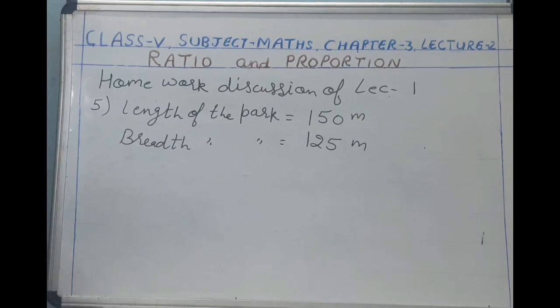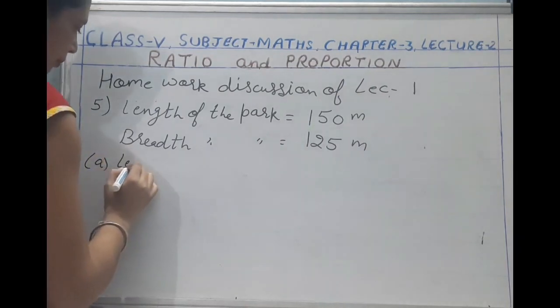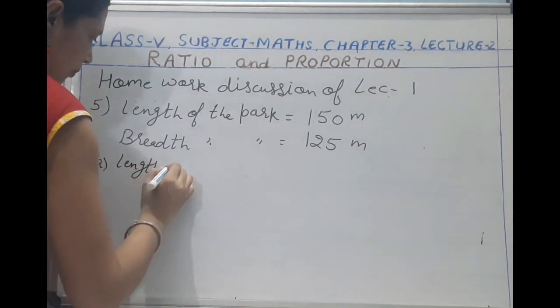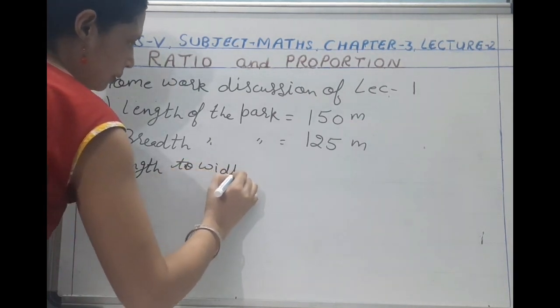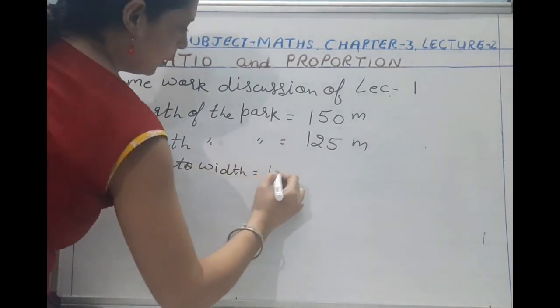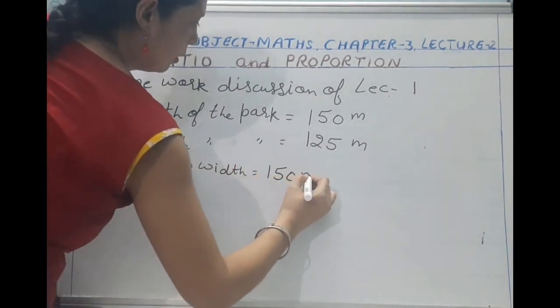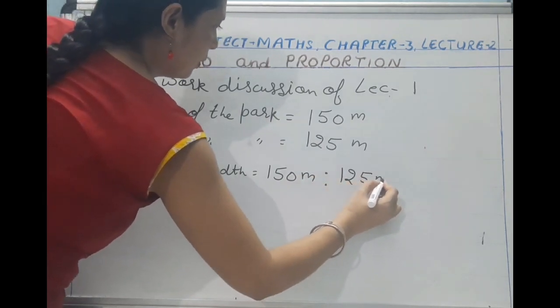Find the ratio of A part, length to width. So what will be length? 150 है to 125.